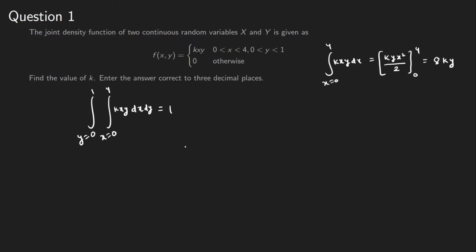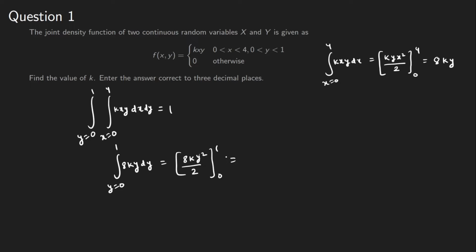Okay, so we can put it here and then integrate with respect to y now. y from 0 to 1 of 8ky dy. It will become 8k y squared by 2 between 0 and 1, so it will ultimately become 4k y squared.